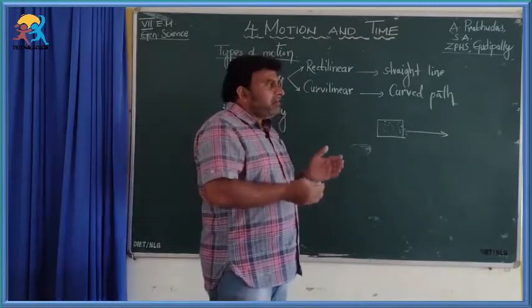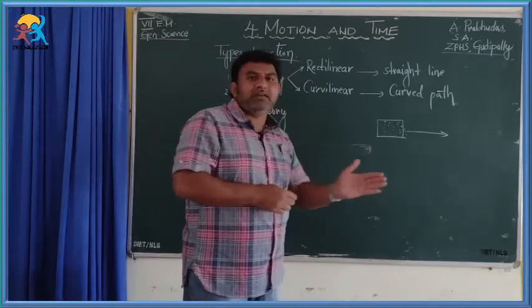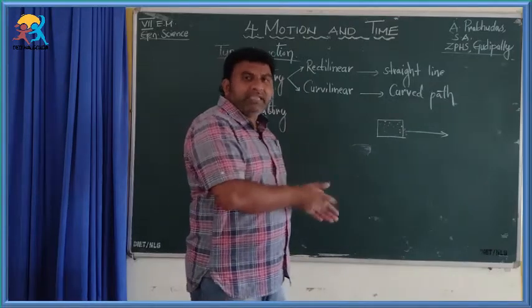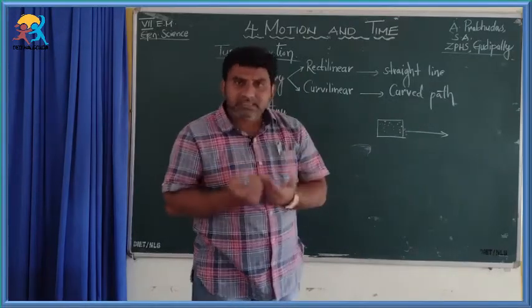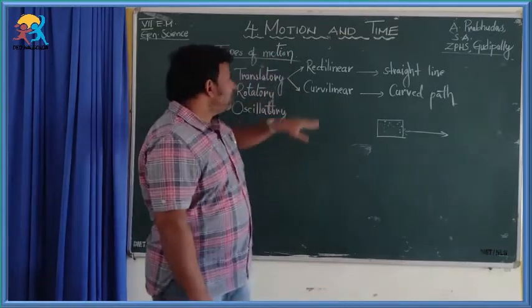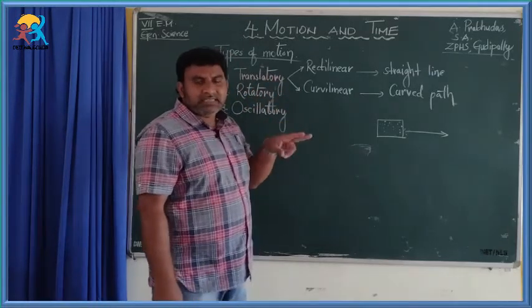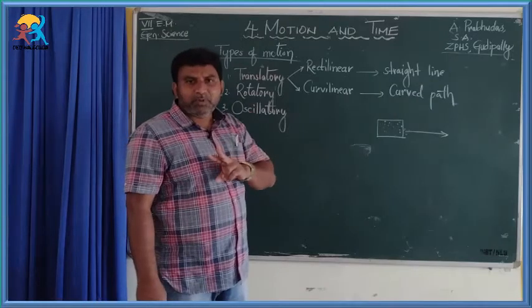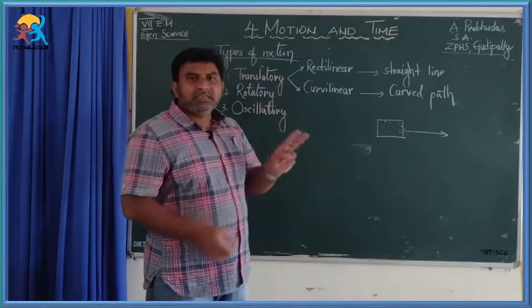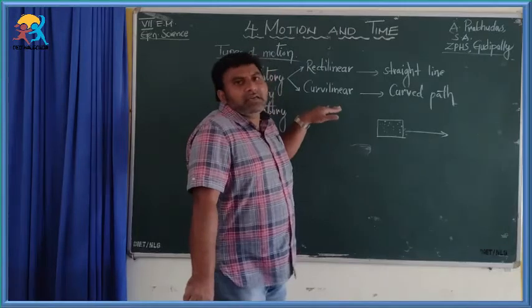And secondly, when this vehicle takes a turn or when this vehicle moves along a curved path, then the vehicle is said to have curvilinear motion. Curvilinear motion is also called translatory motion, because translatory motion, depending upon the path followed by the moving object, is of two types, rectilinear motion and curvilinear motion.